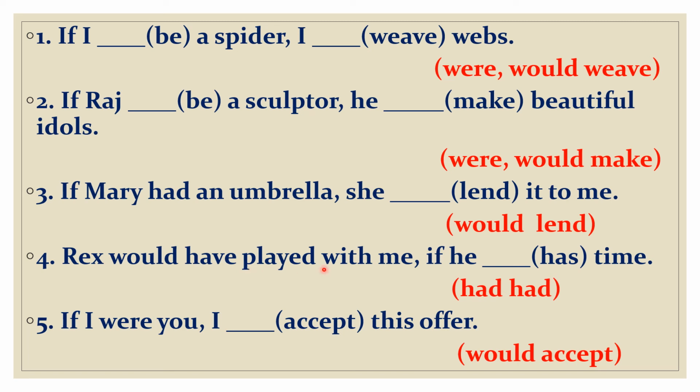Rex would have played with me if he dash time. This is the third type. Would have played: subject plus would have plus past participle. So had is the answer here. If plus subject plus past perfect.